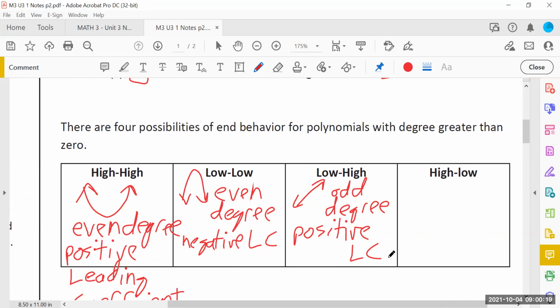Starts low, goes high, it's a straight line, has one end going down to the left, one end going up to the right. Whereas high-low looks like this. Starts off high, goes down low. That one's going to be an odd degree also. But it's going to have a negative leading coefficient.